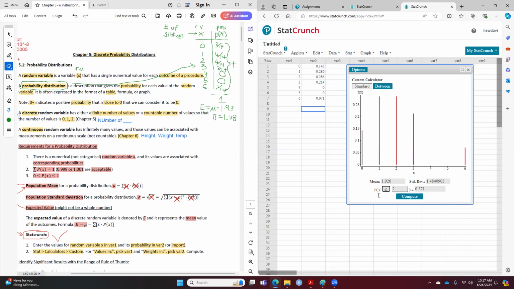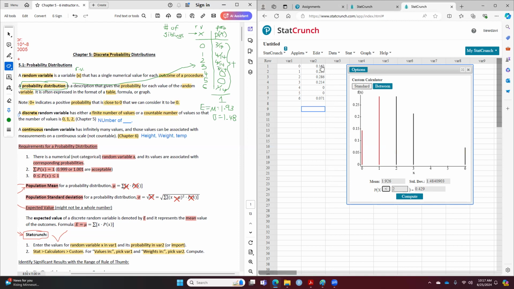And then at least means greater than or equal to 2. That means 2 and up. So if you add the 2, 3, 4, 5, 6 probabilities, you should get 0.571. And then less than 2 means any number below 2, not including 2.